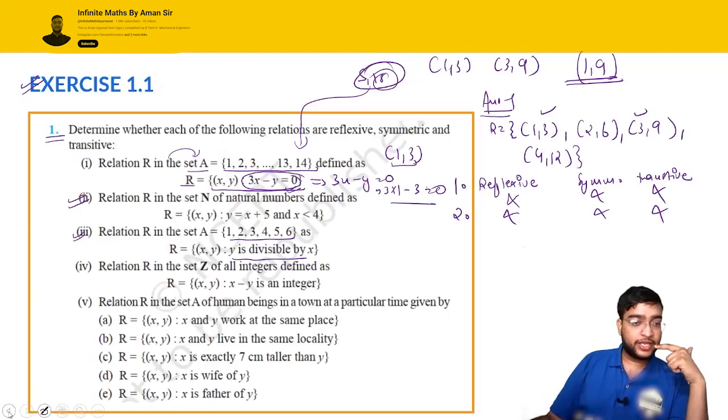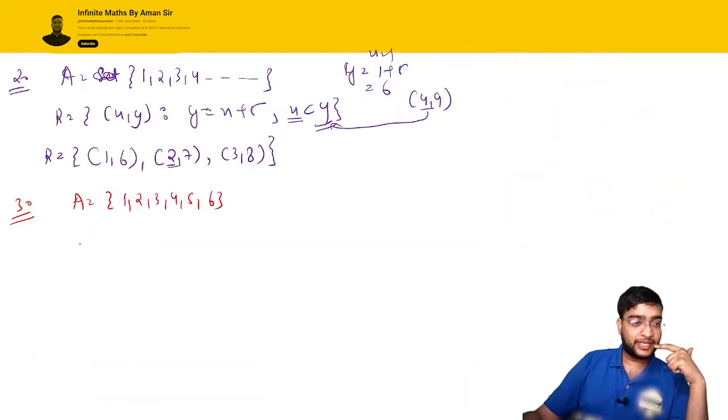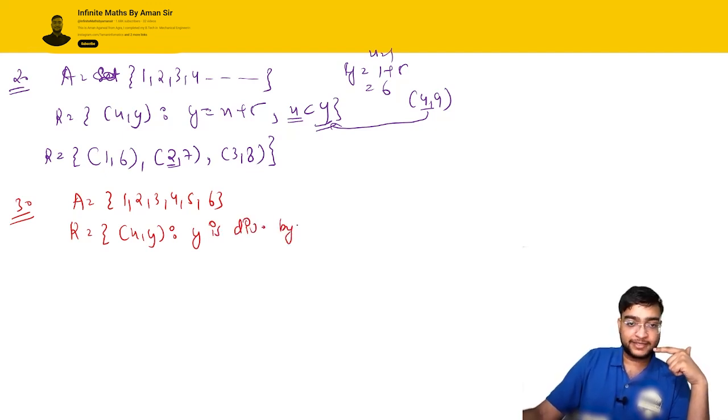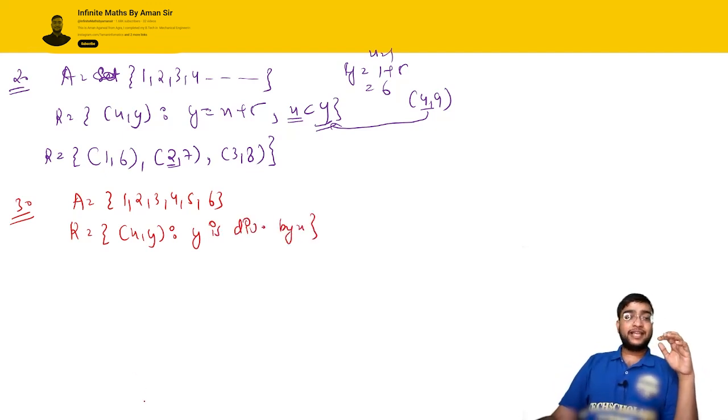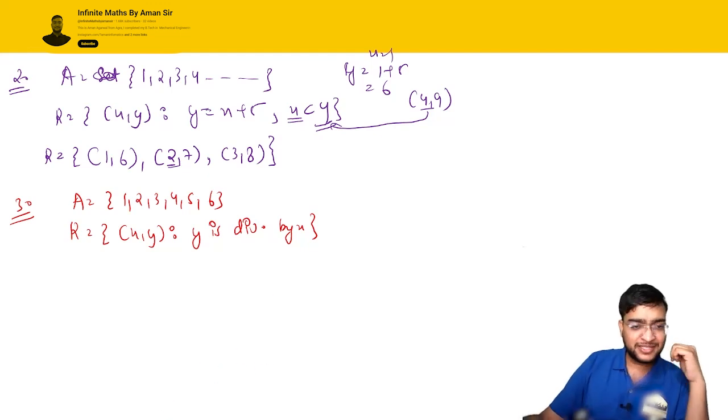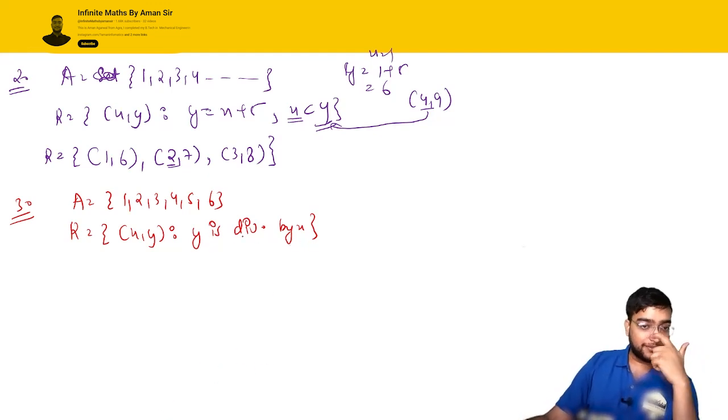Let's see the R set here. What is the R set? It is x comma y, which represents y is divisible by x. No problem sir. Let's take an example here.